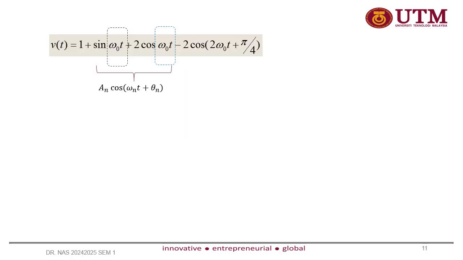From the previous slides, we have calculated An equal to square root of 5, while theta n equals negative 26.56 degrees. Then you need to rewrite the complete equation.